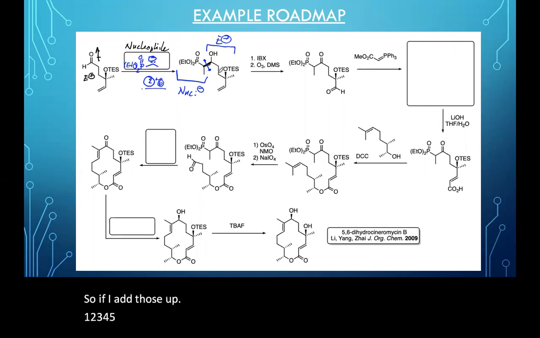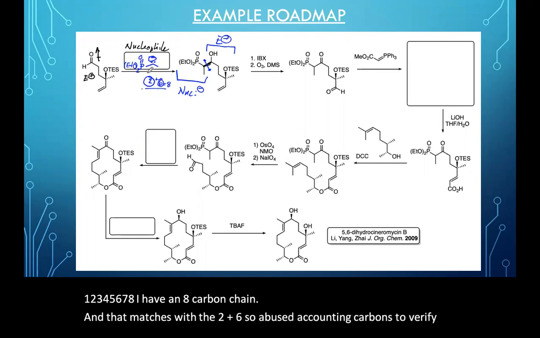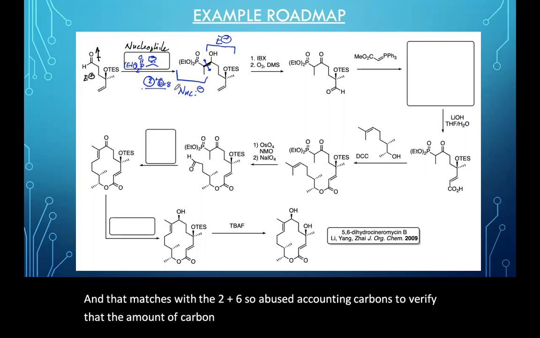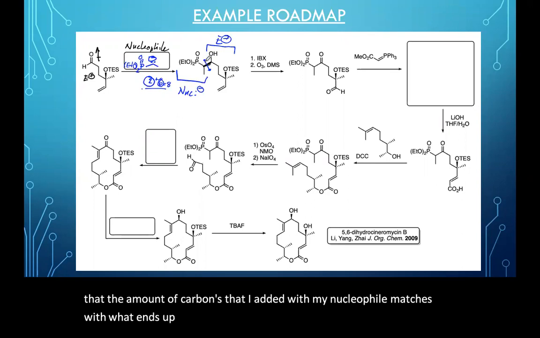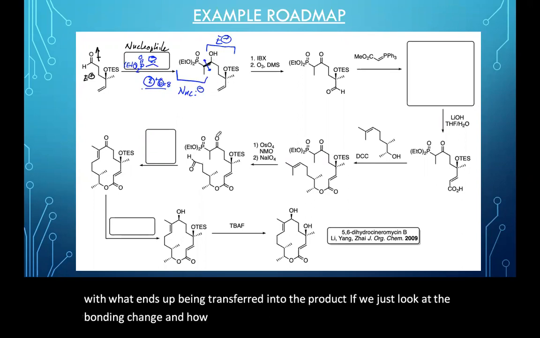I have an 8 carbon chain. And that matches with the 2 plus 6. So I've used the counting carbons to verify that the amount of carbons that I added with my nucleophile matches with what ends up being transferred into the product if we just look at the bonding change and how that adjusted the carbon backbone.